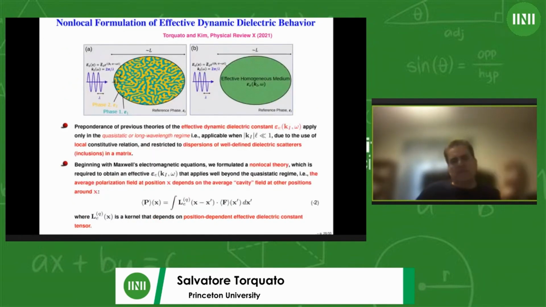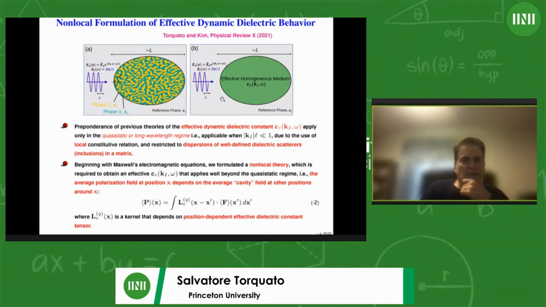Then the last few slides that I want to talk about have to do with delving more deeply into the electromagnetic problem that I was just alluding to. In this particular case, I have the same setup as before. You have a two-phase system. You're sending an electromagnetic wave.